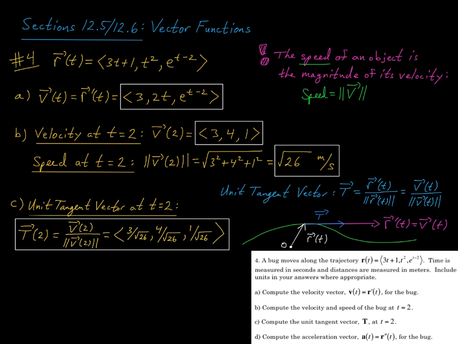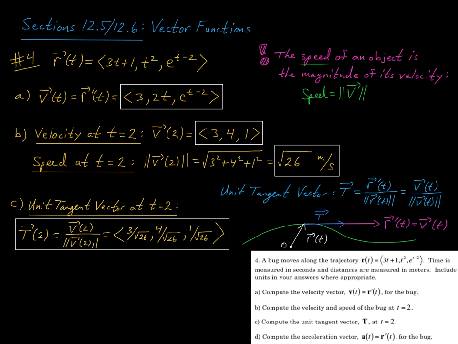It just scales down the red derivative vector to give us this unit vector we're calling capital T, the unit tangent vector. So if I want the unit tangent vector at t equals 2, I really just want r prime of t over its magnitude, or in other words, the velocity at 2 divided by its magnitude. And I've already computed those up here.